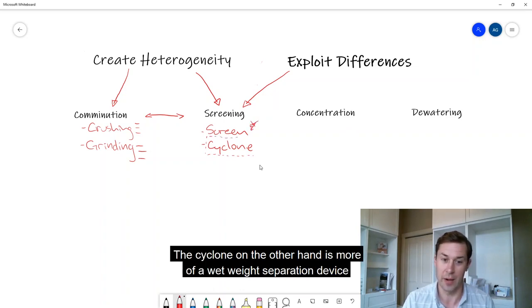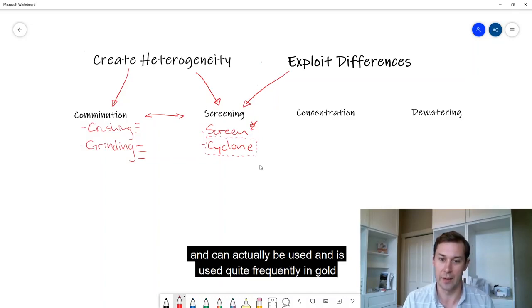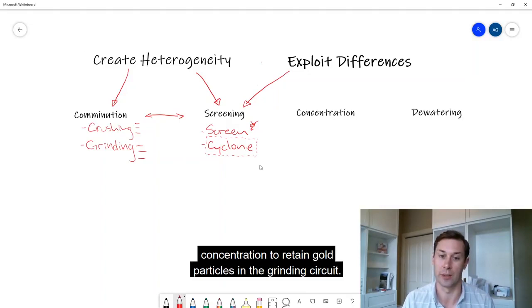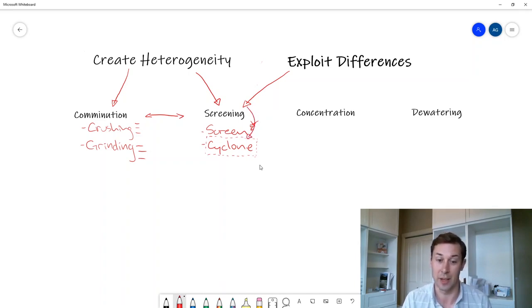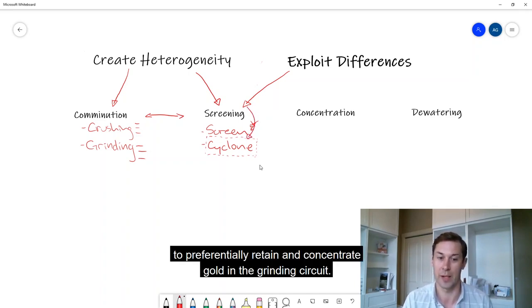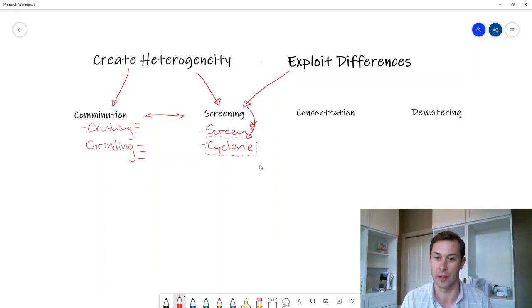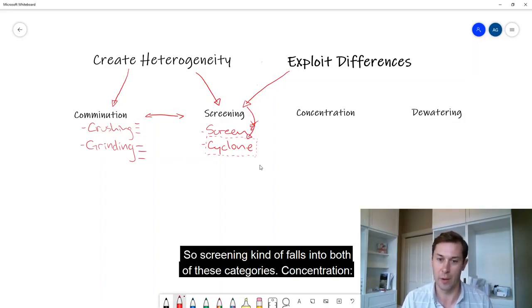The cyclone, on the other hand, is more of a wet weight separation device and can actually be used and is used quite frequently in gold concentration to retain gold particles in the grinding circuit. So it is actually specifically exploiting differences in density to preferentially retain and concentrate gold in the grinding circuit. So screening kind of falls into both of these categories.